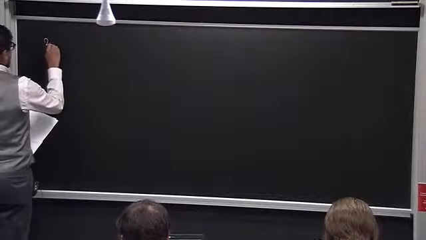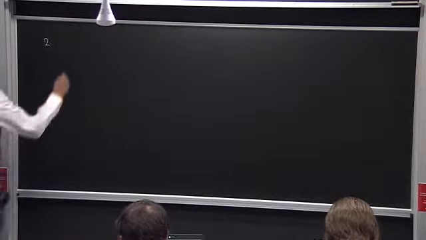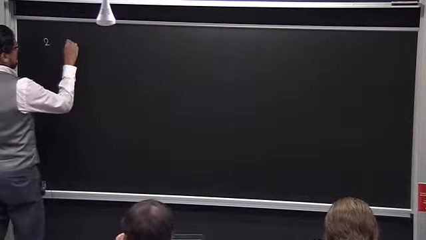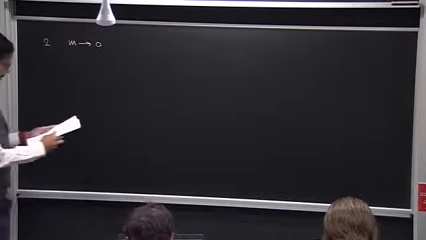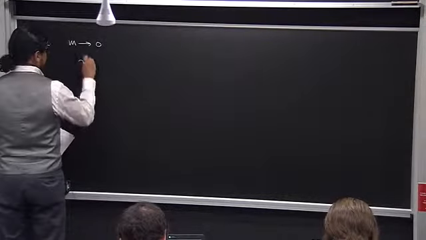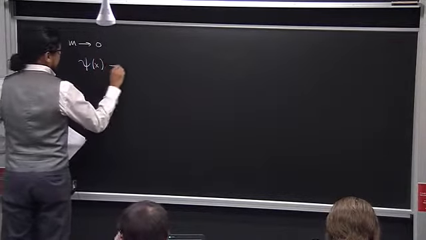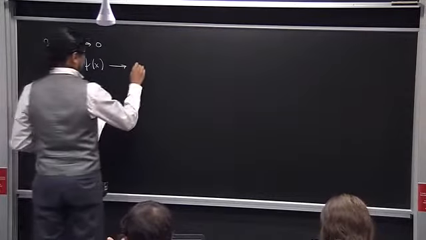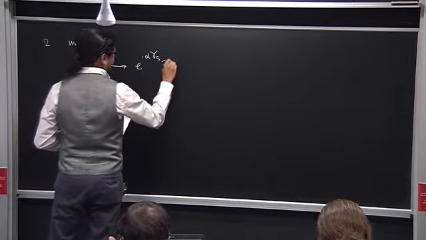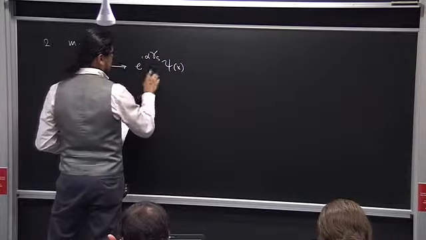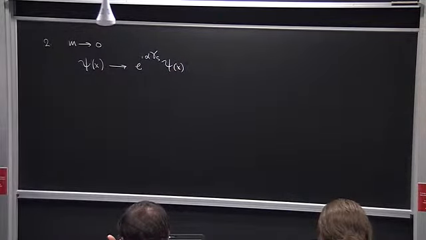So number 2, there's a symmetry of the Dirac Lagrangian, which is only there in the limit where m goes to 0. So take the massless case. And the symmetry in that case is psi of x goes to e to the power i alpha gamma 5 times psi of x. So now this object is a non-trivial matrix.